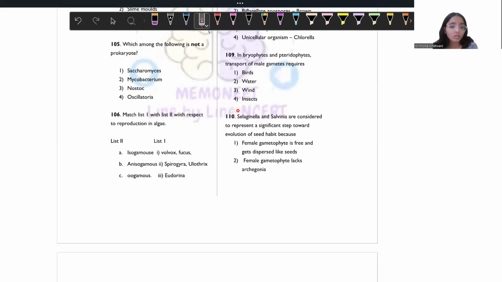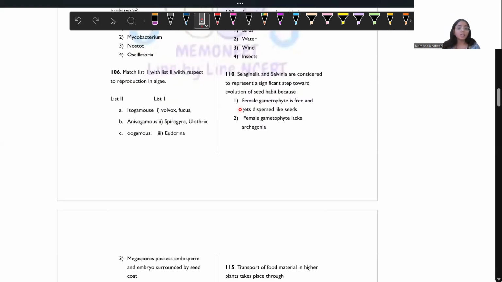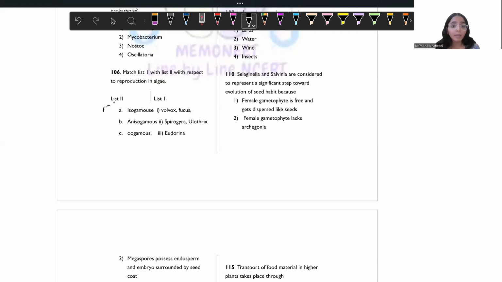Let us see question 6. It says match the following. We have a list of types of gametes produced by organisms and a list of organisms. Isogamous gametes are produced by Spirogyra and Ulothrix. Isogamous gametes means the male and female gametes are similar in structure.